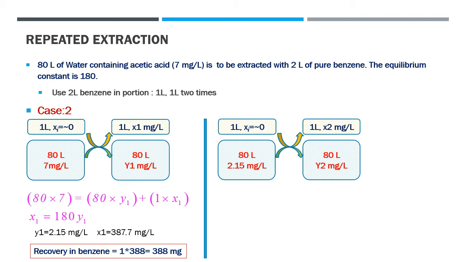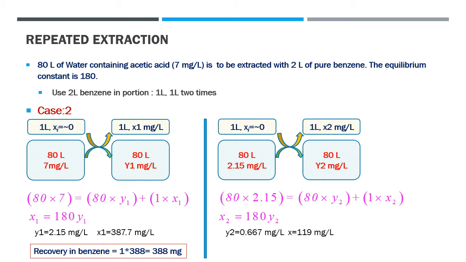We will again apply the same mass balance in this window, that is 80 into 2.15 is the before extraction, the total amount of acetic acid. After extraction it is 80 into y2 plus x2. And the relationship is still valid, that is x2 and y2 ratio is 180. We can solve it.